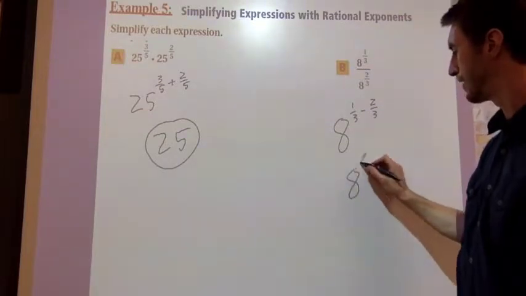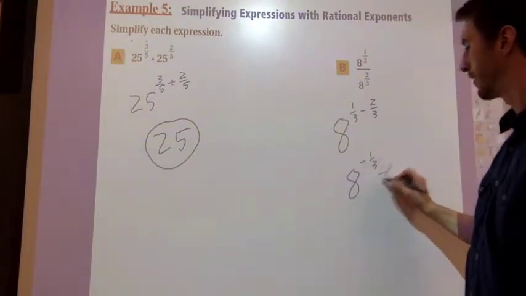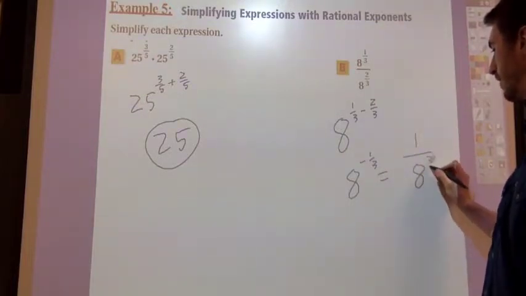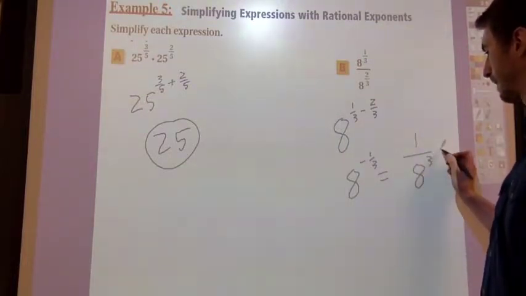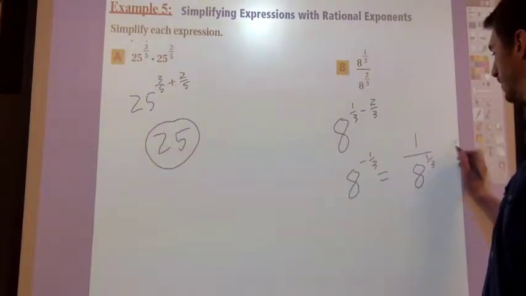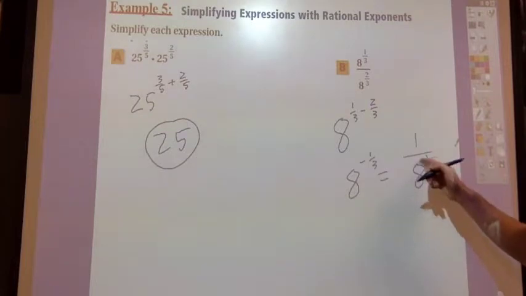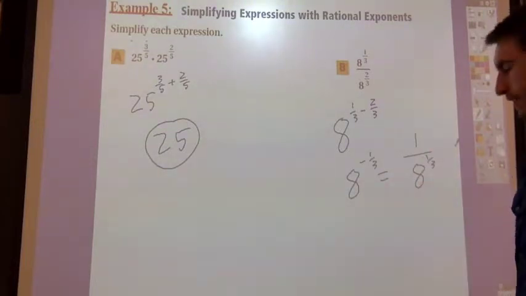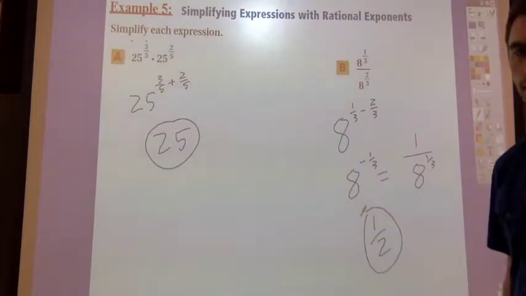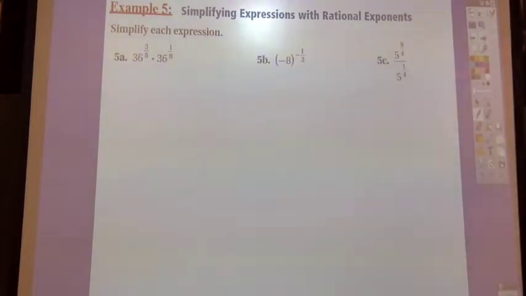So we've got 8 to the negative 1/3, and we can rewrite that as 1 over 8 to the 1/3. And we already know the 3rd root of 8 is 2, so our final answer is 1/2. Okay, try these ones on your own, and then I'll supply the answers.